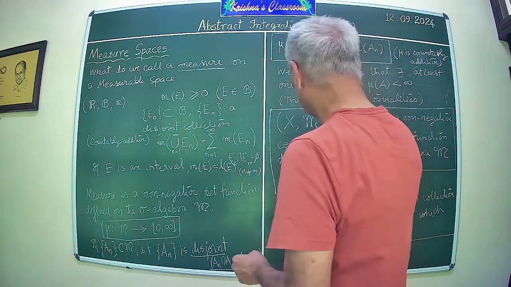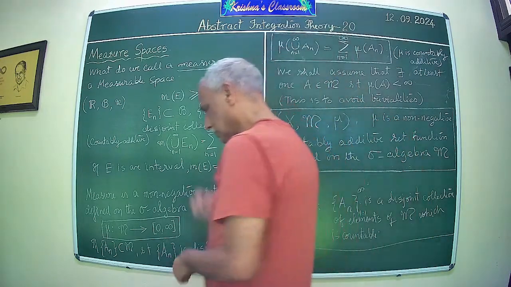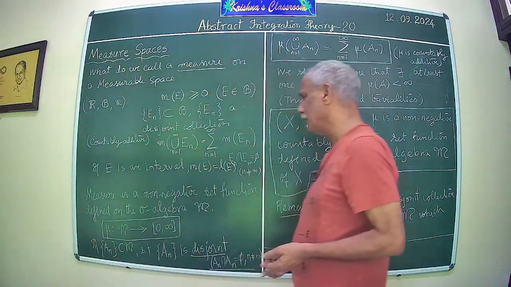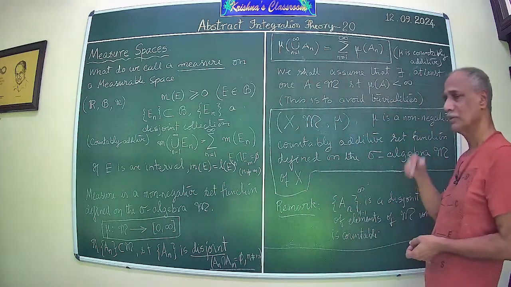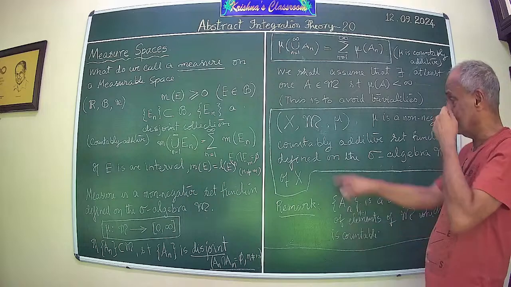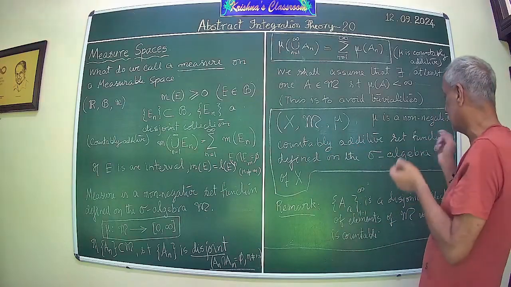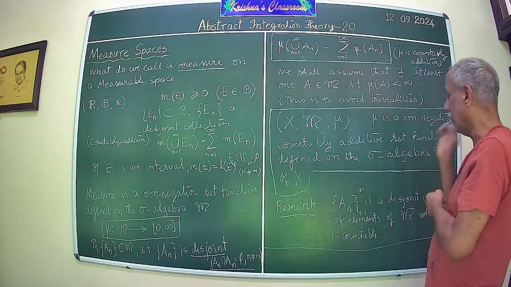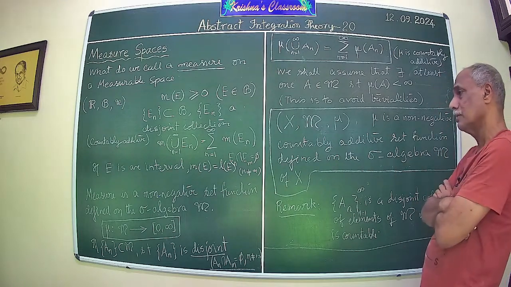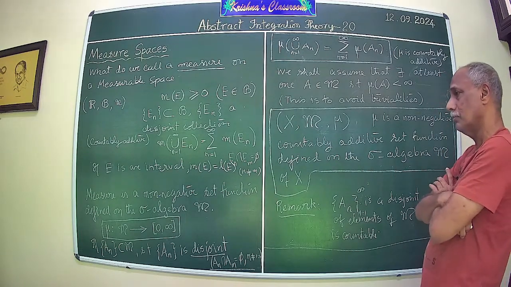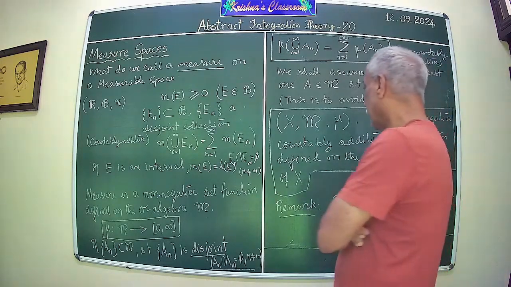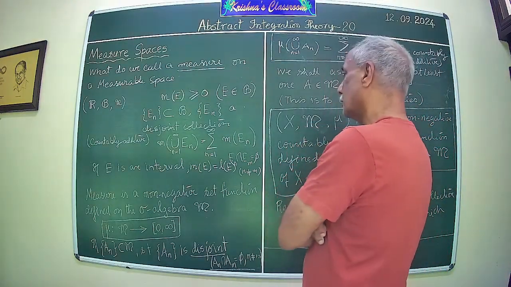Already we have imposed mu, and you can impose any non-negative set function on M with this countably additive property, and it becomes a measure.